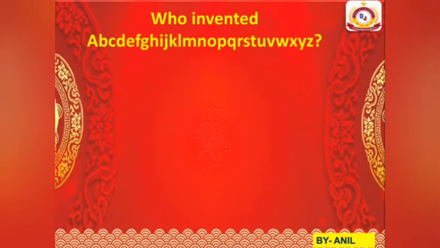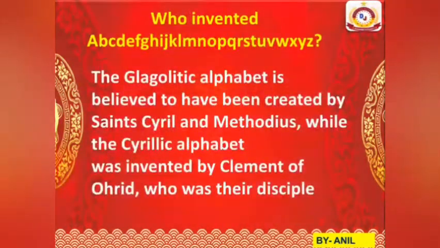Who invented ABCD, meaning A to Z? These are all the letters. The Glagolitic alphabet is believed to have been created by Saint Cyril and Methodius, while the Cyrillic alphabet was invented by Clement of Ohrid, who was their disciple, and these people created such alphabets. In the beginning, people expressed their thoughts and emotions through simple expressions.